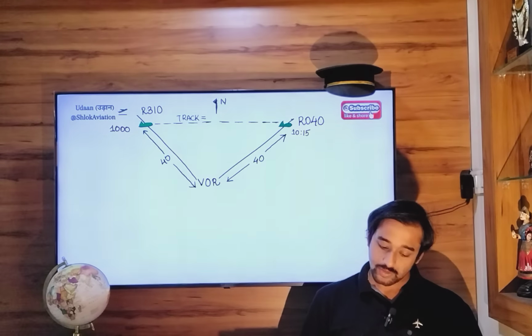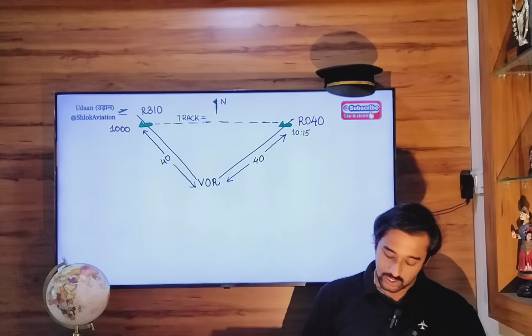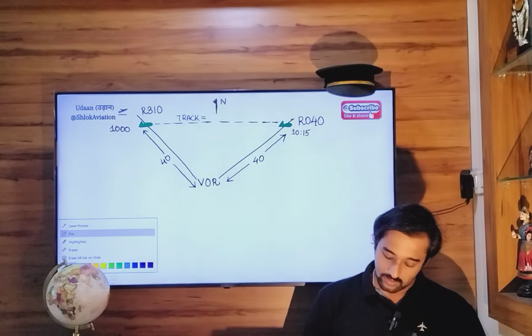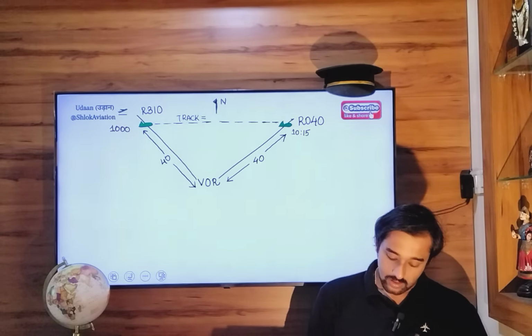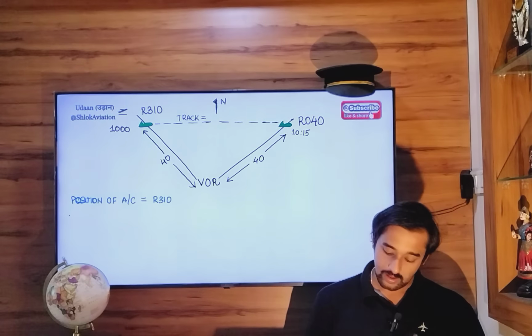Now, we know that this is radial 310, the position of the aircraft.